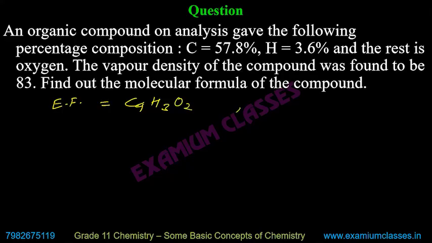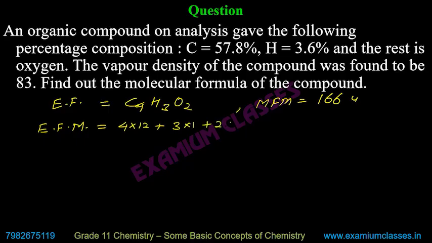And molar mass, that is molecular formula mass, you had already calculated as 166 U. Calculate empirical formula mass so that you can get the value of n. It will be 4 into 12 plus 3 into 1 plus 2 into 16.